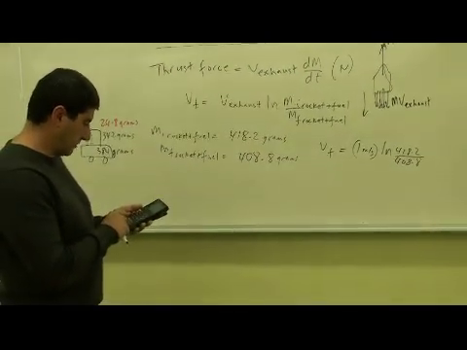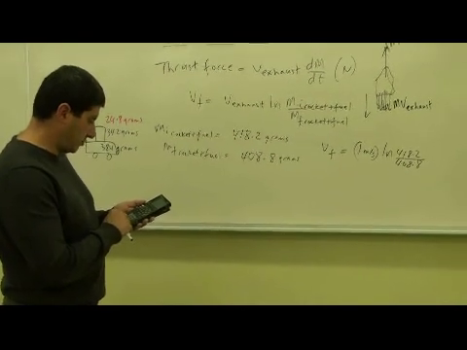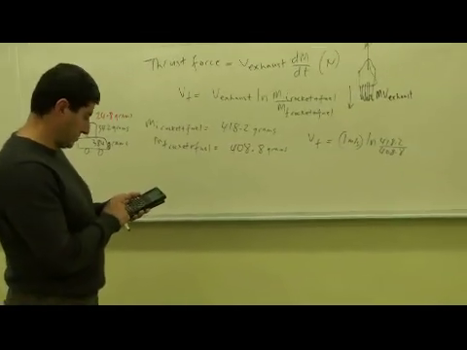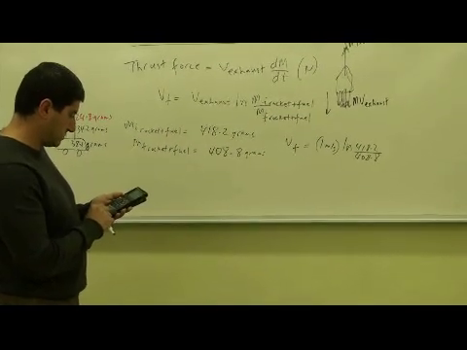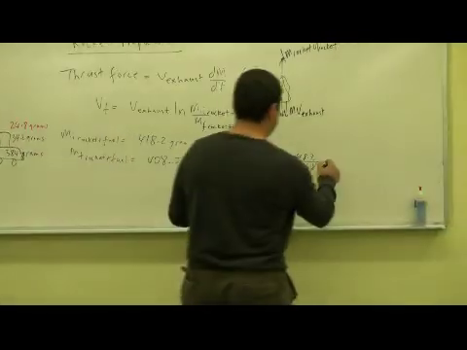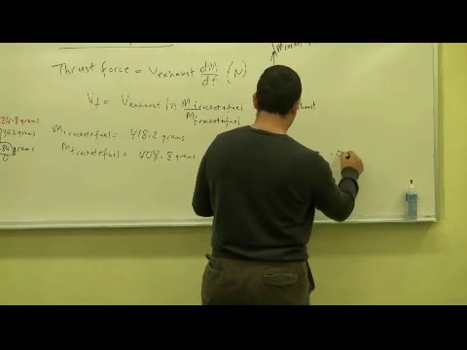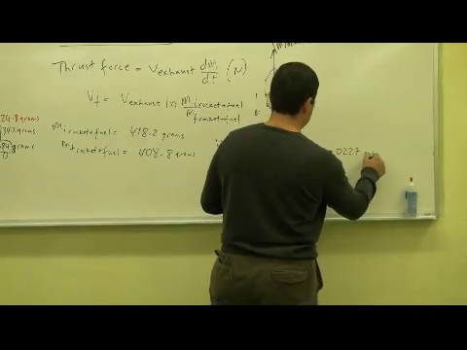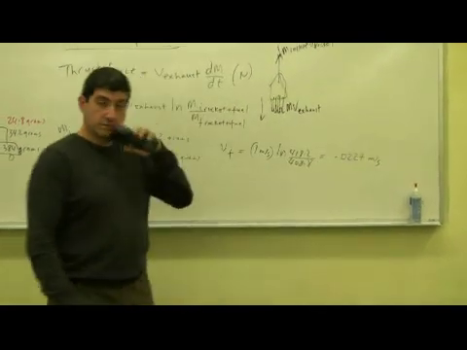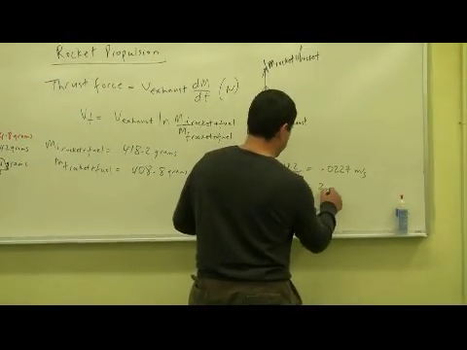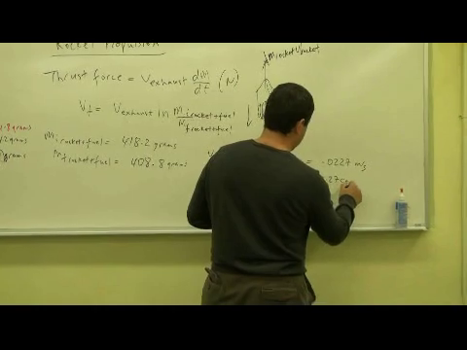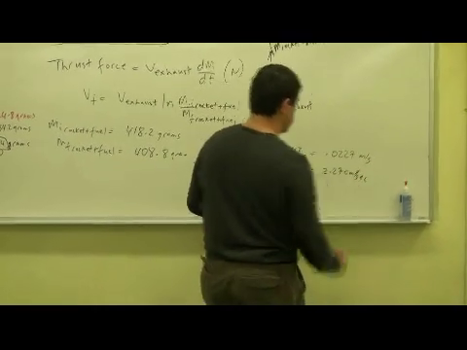Natural log of 418.2 divided by 408.8 gives 0.0227 meters per second, which means 2.27 centimeters per second.